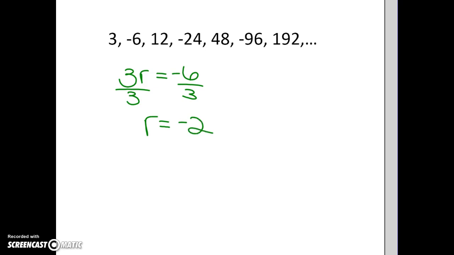Now let's check and make sure that this is a geometric sequence and that I can obtain every one of these numbers by multiplying the previous number by negative 2. 3 times negative 2, I'm good. Negative 6 times negative 2, I'm good. 12 times negative 2, I'm good. You try the rest.